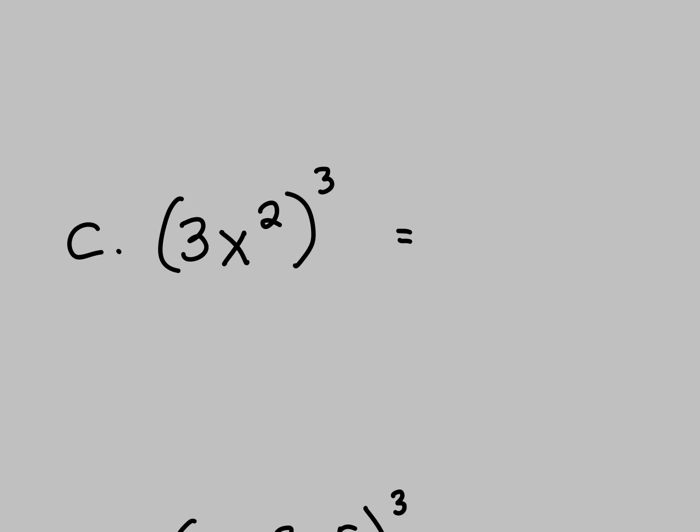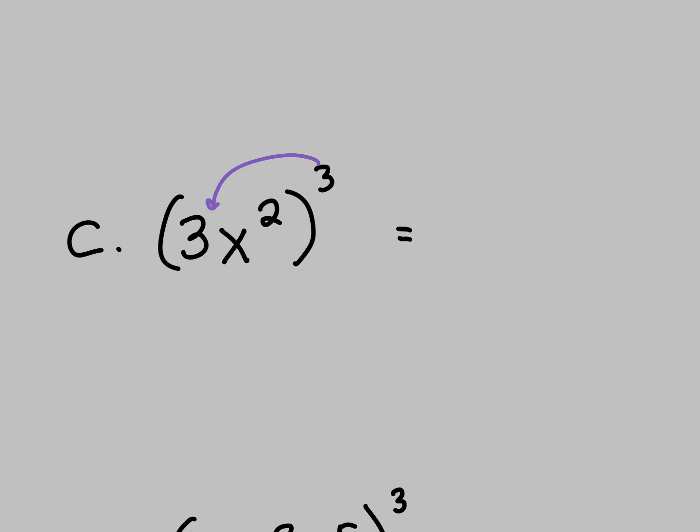All right, C is a little bit different because I have 2 things in my parentheses. So what do you think I have to do first? What would I do with the exponents? What do I do with the number? Perfect. I need to cube the 3. And what else am I going to do with the exponent?